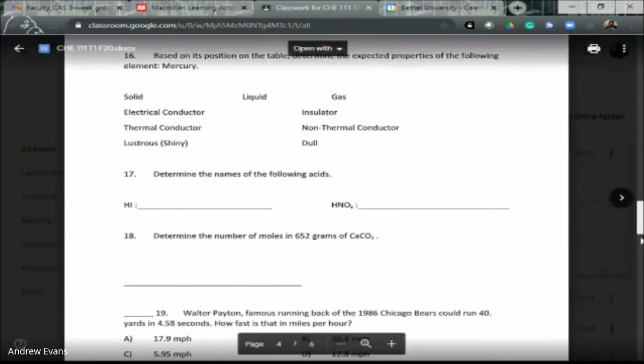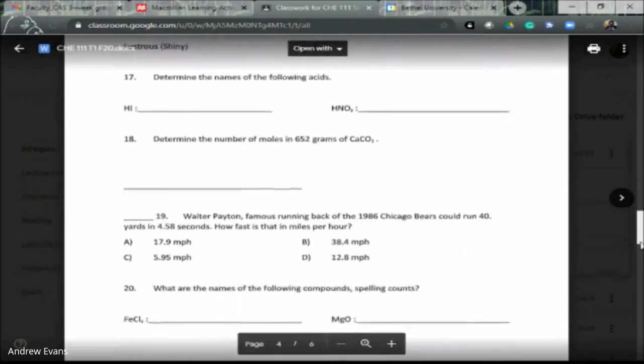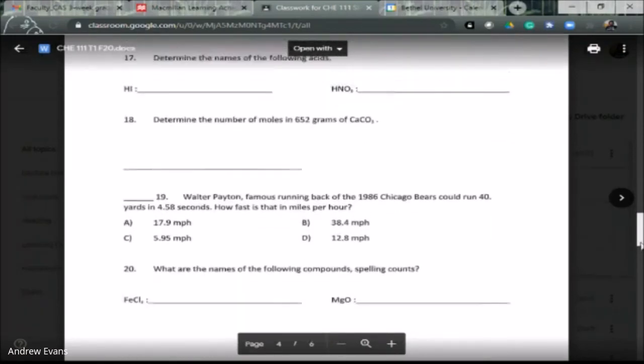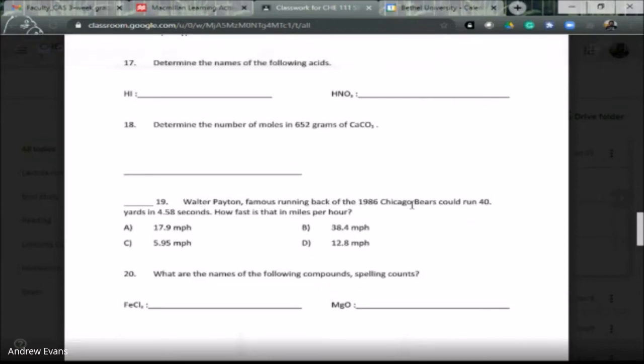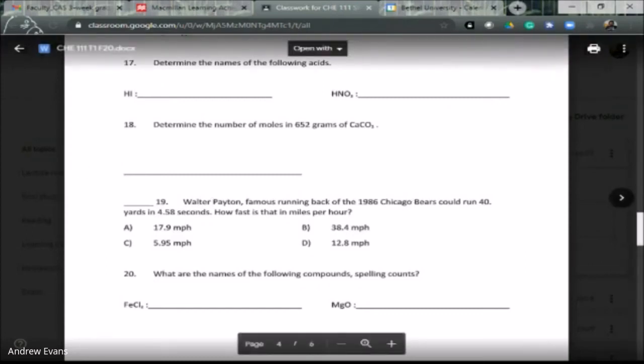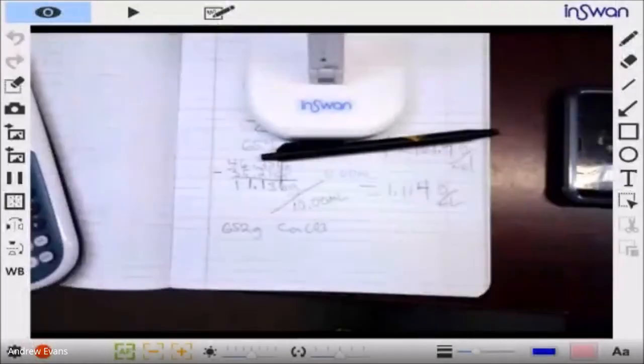Three more problems. Determine the moles in 652 grams of calcium carbonate. So this one shouldn't be too bad, but you have to look it up.